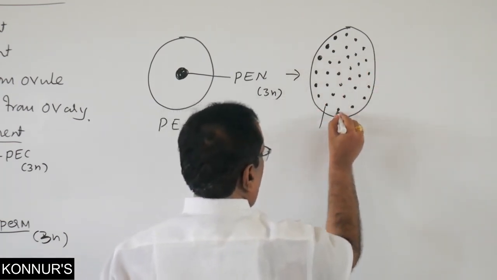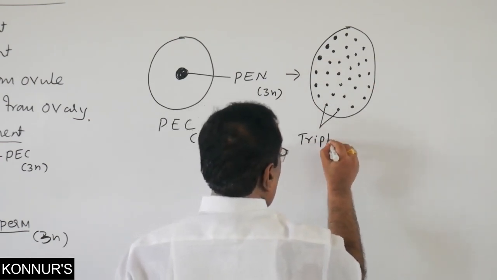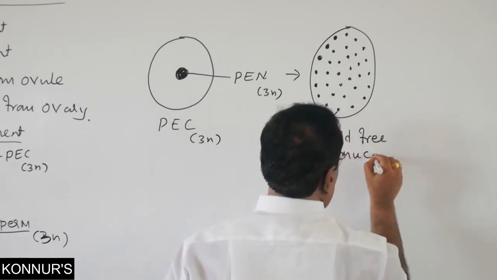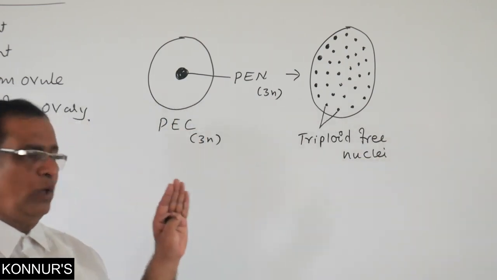Free triploid free nuclei, that is due to free nuclear division.